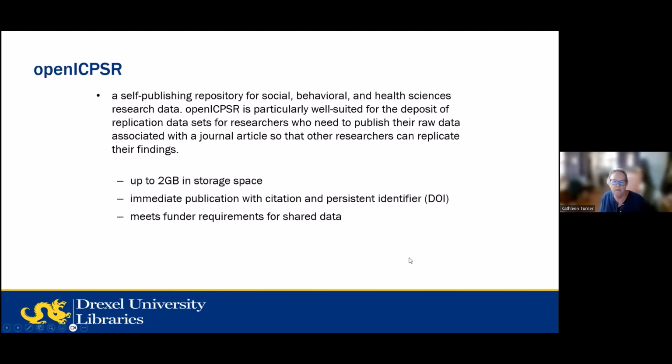It supplies up to 2 gigabytes of storage space. It allows for immediate publication with a fixed data citation and a persistent identifier. In other words, a DOI, a document identifier, is automatically provided. And it does meet funder requirements for shared data.